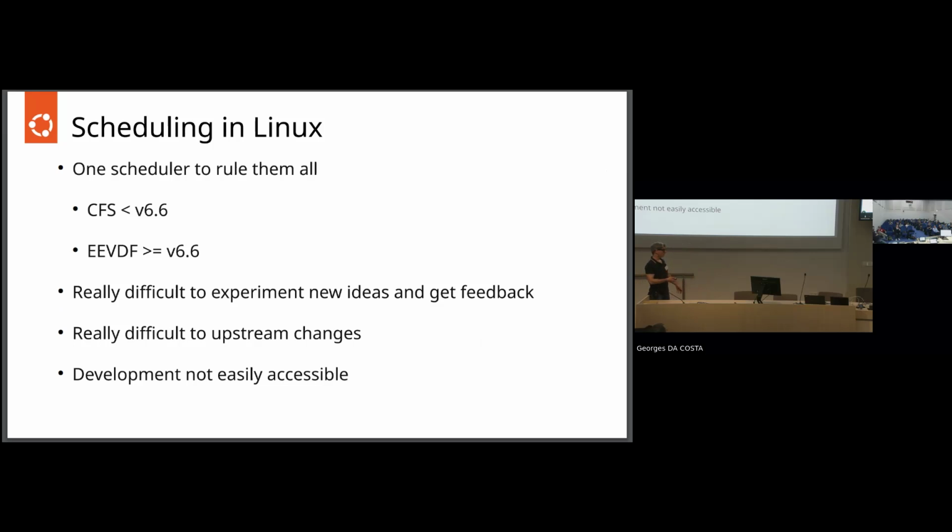So what's the situation in Linux right now? Well, Linux, as many other kernels, decided to go with the policy of one scheduler to rule them all. We just have one scheduler. That's not entirely true because we have real time. We have round robin, FIFO, deadline. Then there's the SCHED_NORMAL, idle.